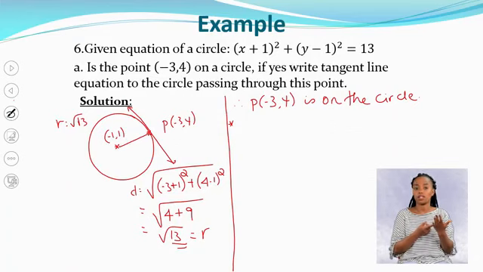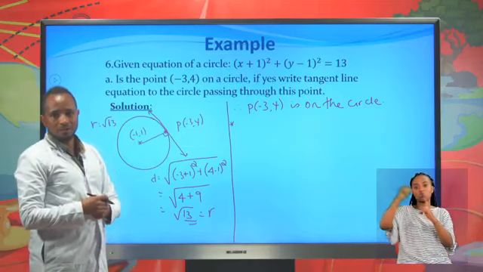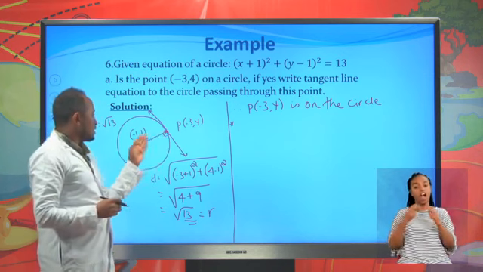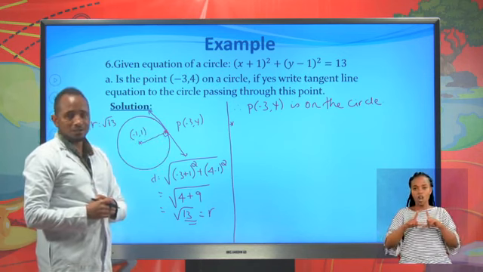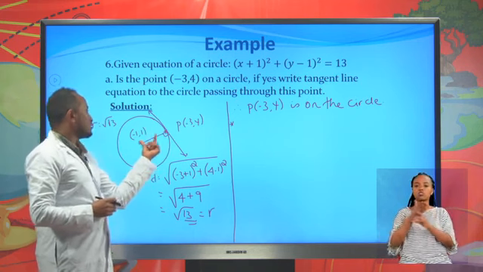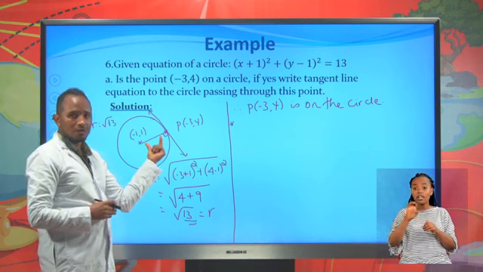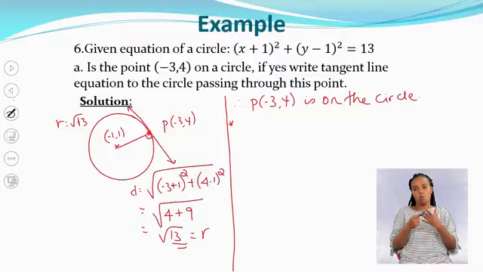Look here, this is the radius. The radius is perpendicular to the tangent line. So we can find the slope of the line passing through this radius, and then we will have the slope of the tangent line, since they are perpendicular and the product of their slopes gives you −1.